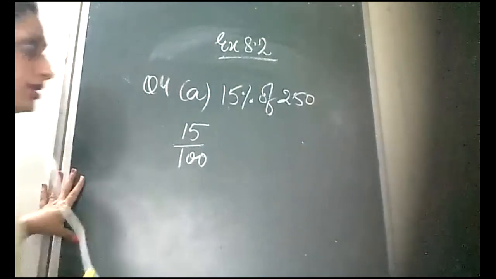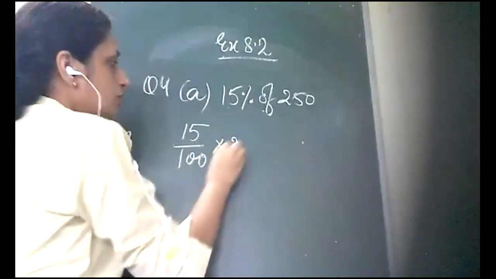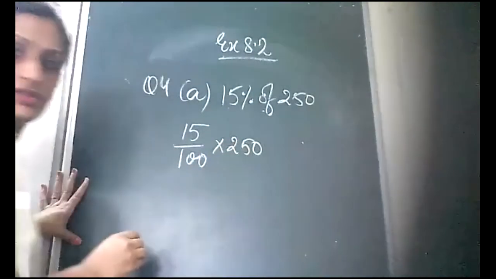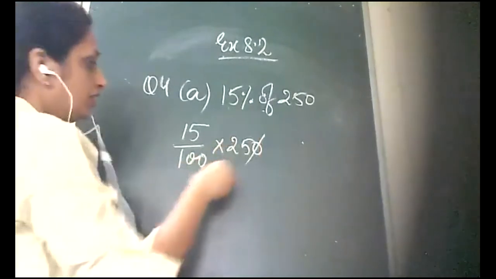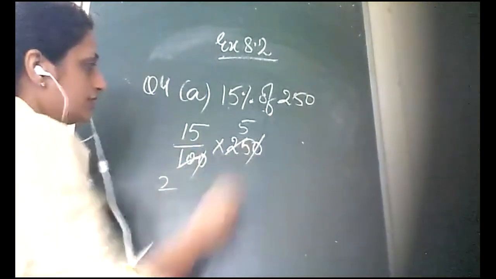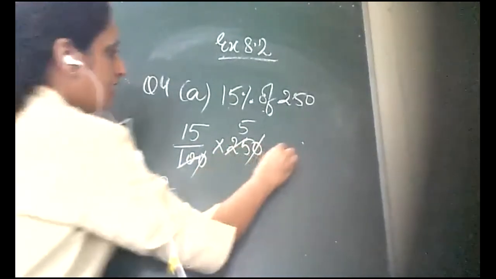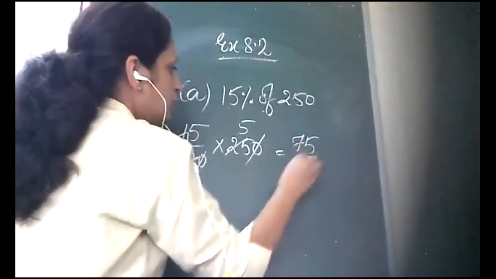Of means multiply, 250. Okay? So you are going to cut the number. 0 will be cancelled with 0. 5 2s are 10. 5 5s are 25. So it will be 15 5s are 75/2.